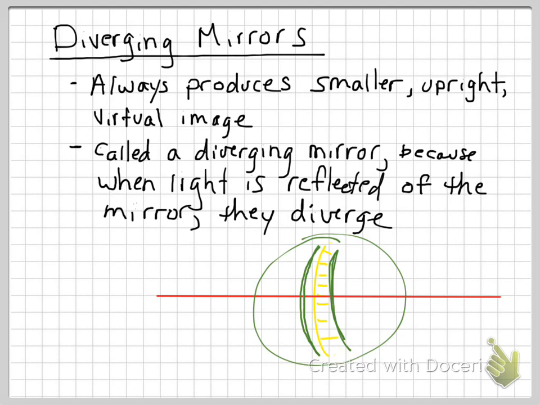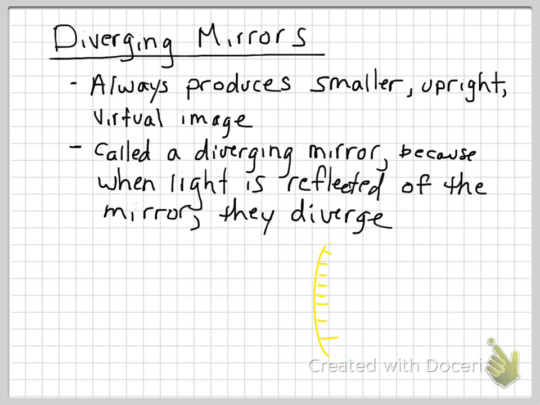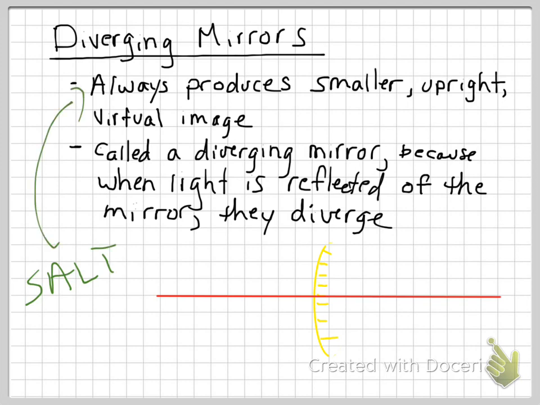So a diverging mirror produces the same type of image every time you put an object in front of it. If we're going to describe the result, diverging mirrors always produce smaller, upright, and virtual images.